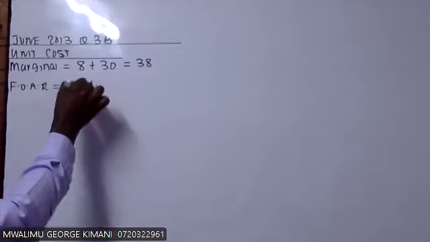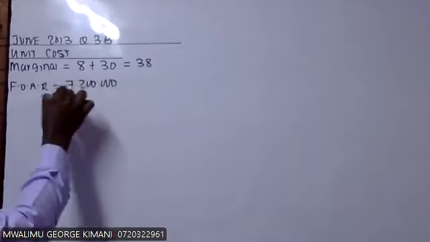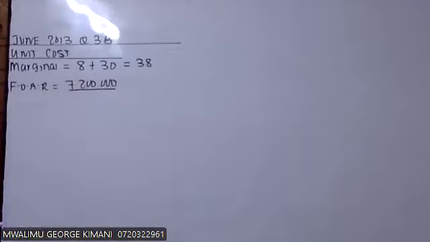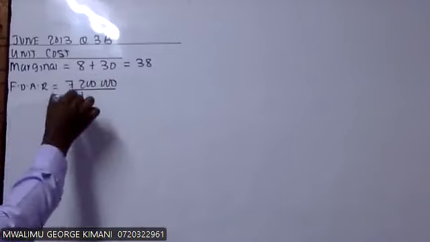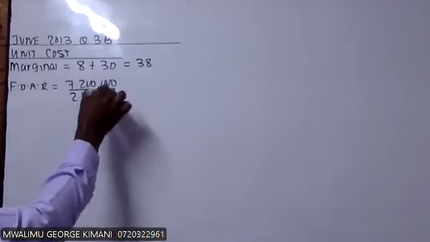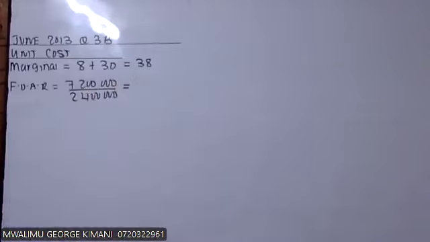So 7.2 million, you divide by the normal production level of 2,400,000. That is how we shall get the OAR, the overhead absorption rate.